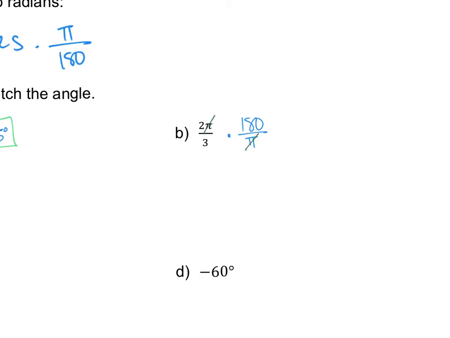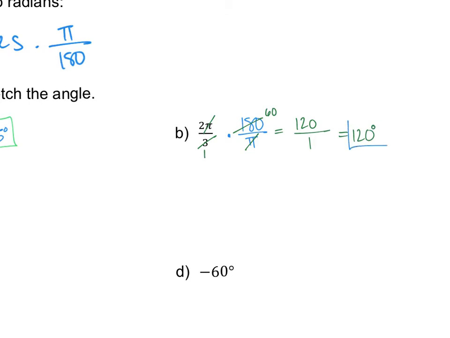So the pi's cancel. And 3 and 180 are both divisible by 3. So 3 divided by 3 is 1. 180 divided by 3 is 60 degrees. 2 times 60 is 120. And then 1 is left in the denominator, so I'm just going to carry that over. And so this gives me 120 degrees.